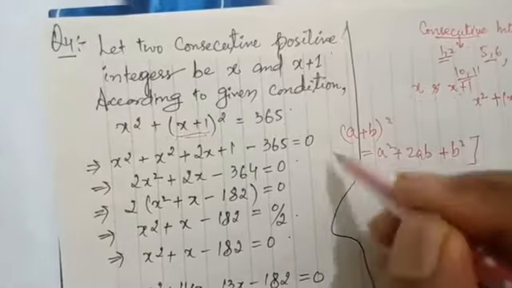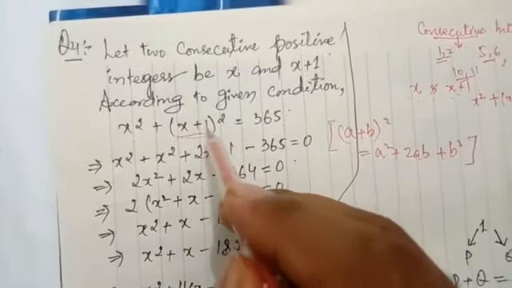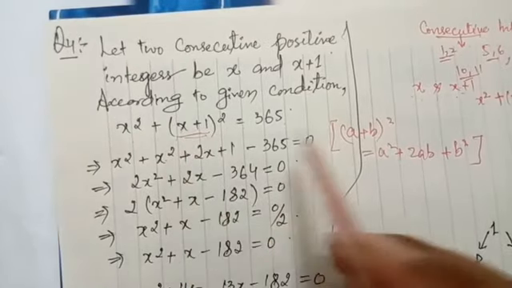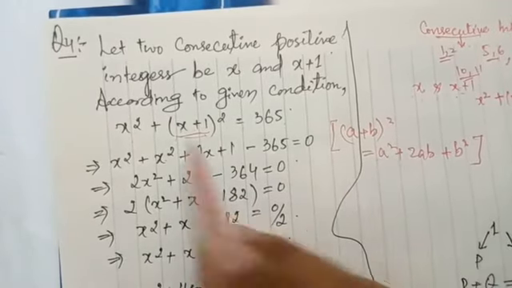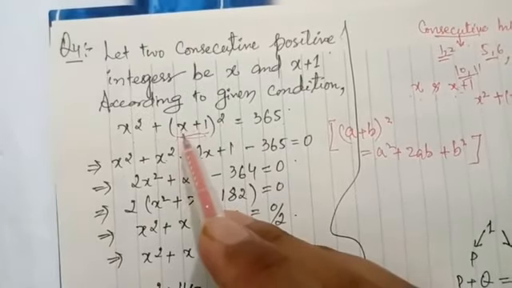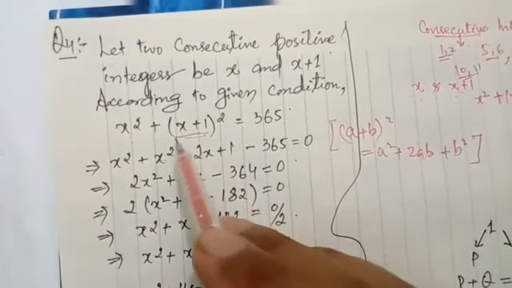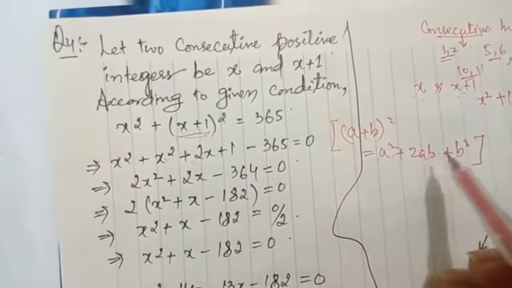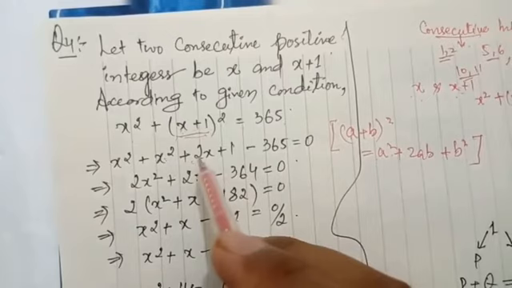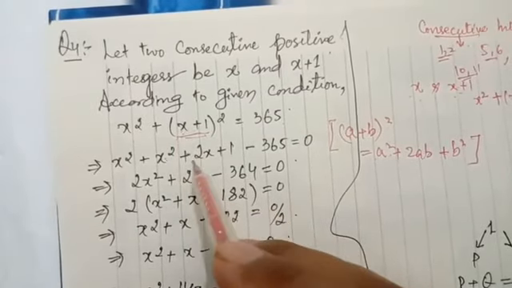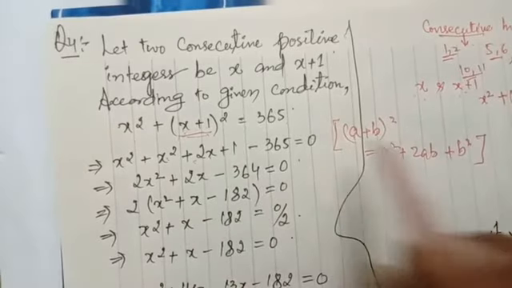We are using this identity for x plus 1 whole square. In place of a is x, in place of b it is 1, so it is x square plus 2 into x into 1, that's 2x, plus b square, that is 1 square, that is 1.